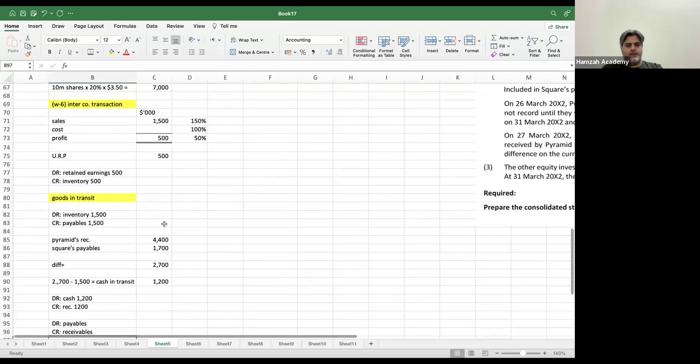So the intercompany balance at the moment, if I look over here, 4400 is over here. This is the receivables, right? And this is the cash in transit, which it has not received.